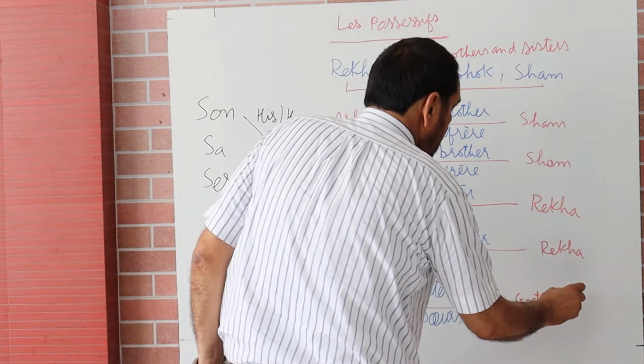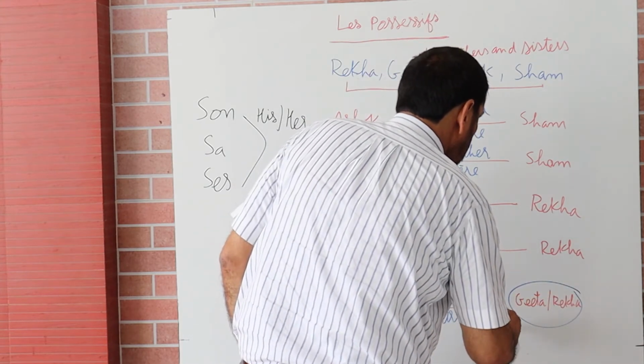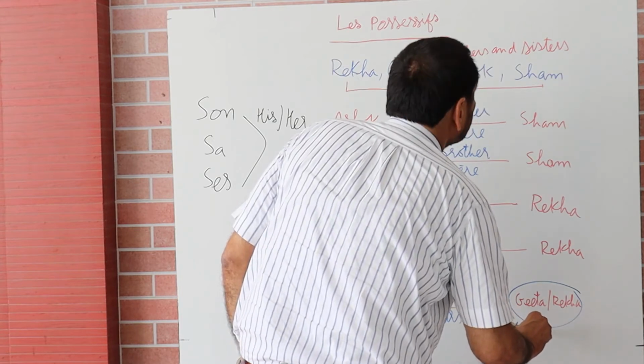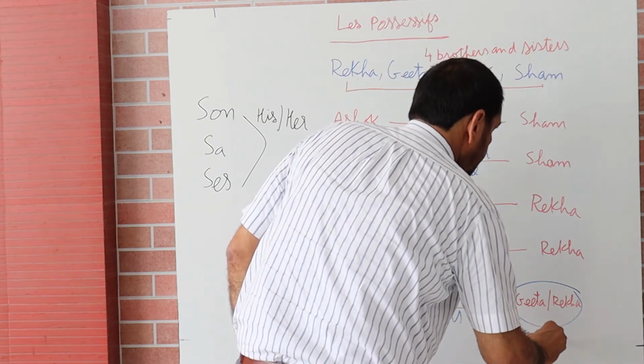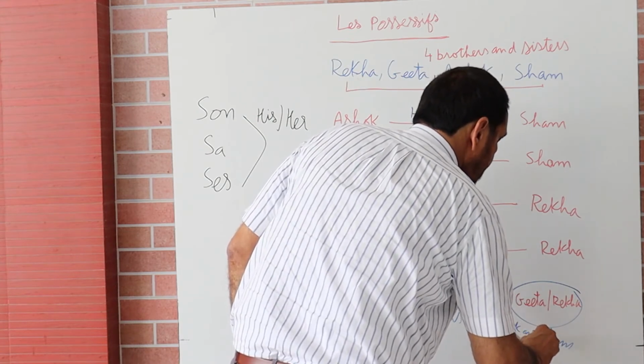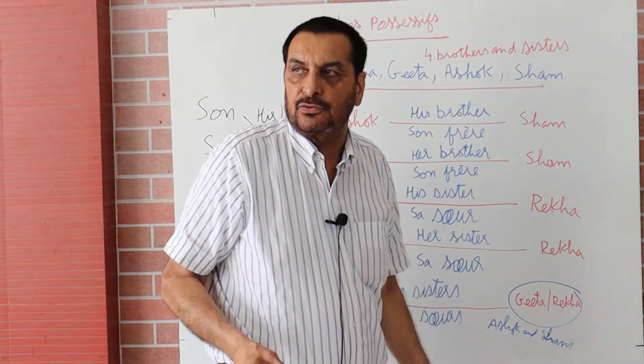Here I write Ashok and Sham. Sorry for my handwriting. It's quite low, so it's difficult to bend for me.